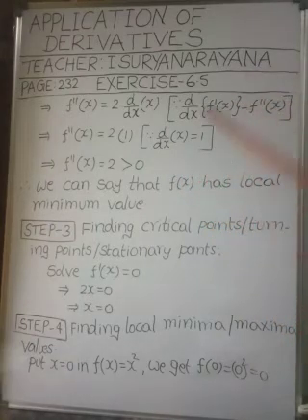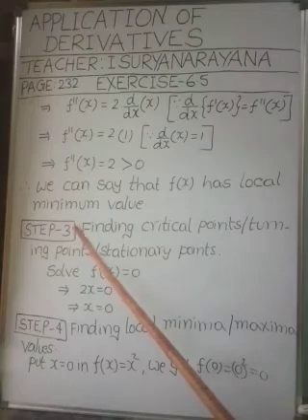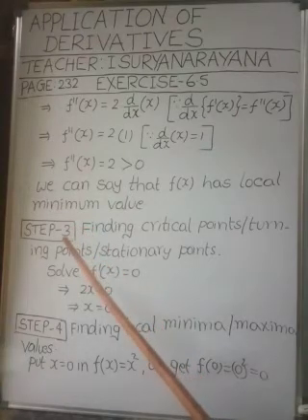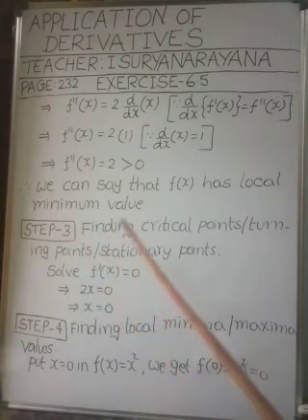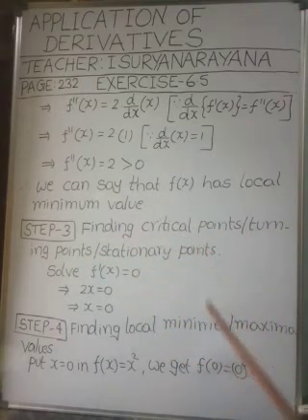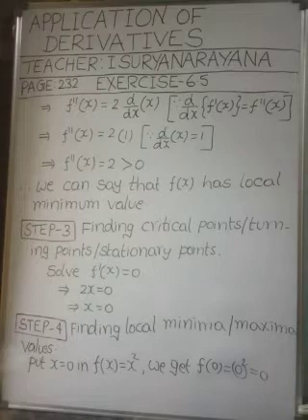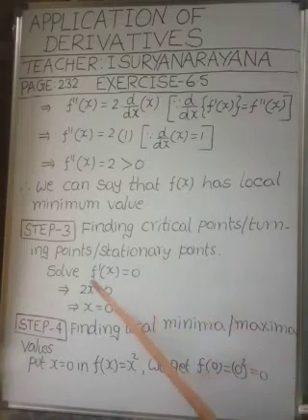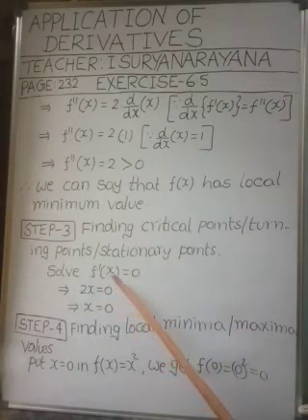Right. Now come to step 3. Do you remember those steps, my children? What we have done in step 3 is finding the critical points or turning points or stationary points. To find them, we have to solve the equation f dash of x is equal to 0.